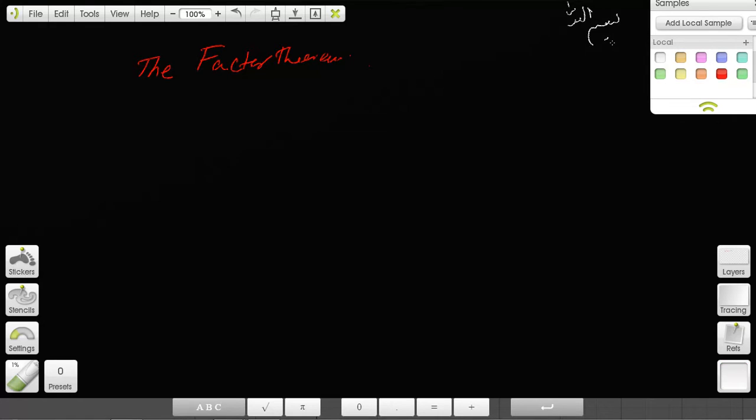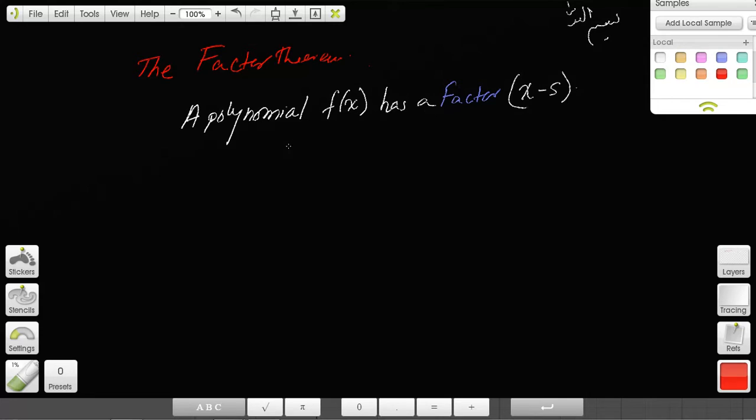The factor theorem states, for a polynomial f of x, that it has a factor x minus s if and only if, that's a biconditional statement, if and only if f of s is 0.